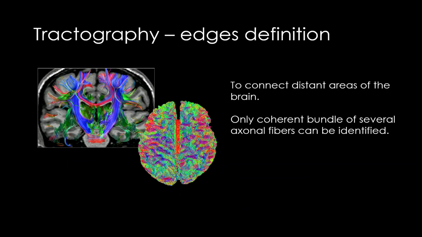We cannot connect microscopic distant areas of the brain, we can just connect some macroscopic areas. So for us, a connection is not defined as a single axon that connects two distinct regions, but is defined as a coherent bundle of several axonal fibers.